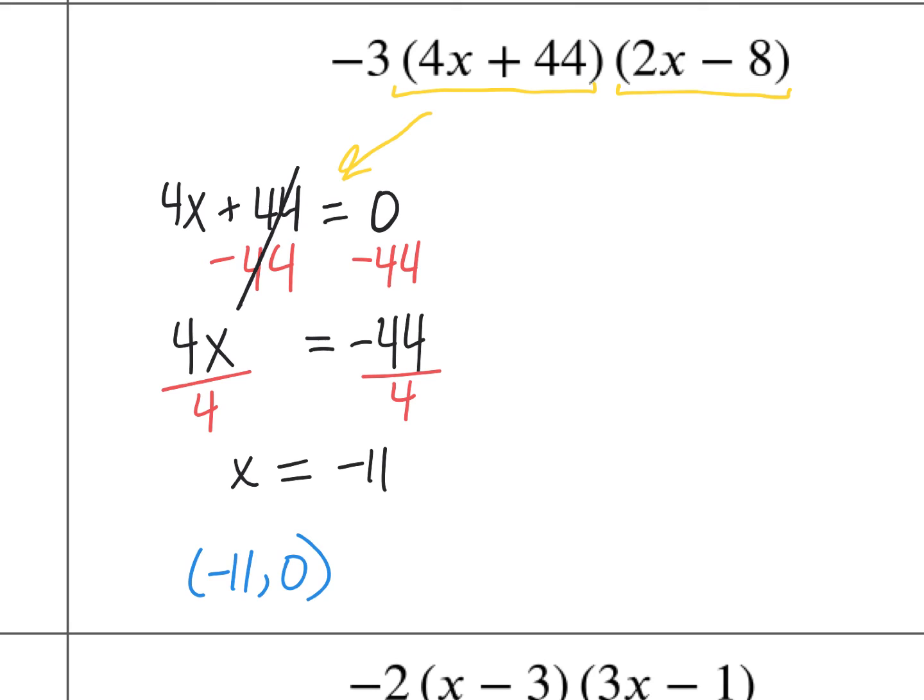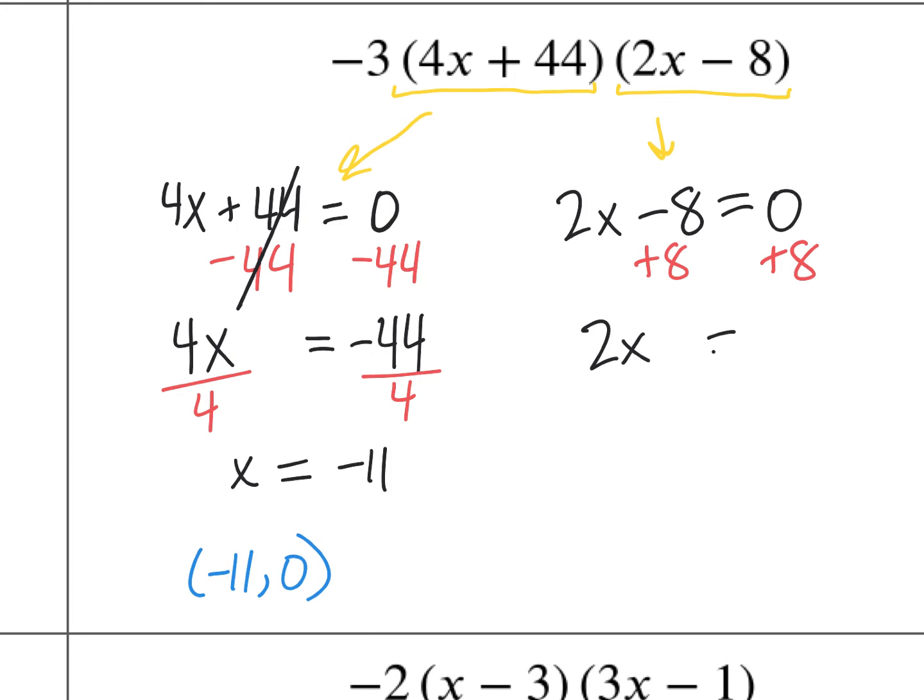All right, let's look at our next factor. We have 2x minus 8 equals 0. To get x by itself, we're going to add 8 to both sides, and we have 2x equals 8, because those 8's on the left cancel out.